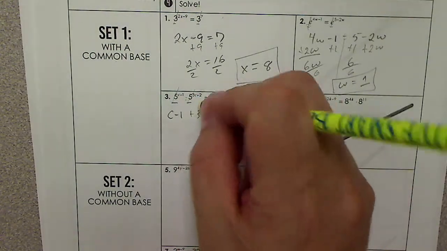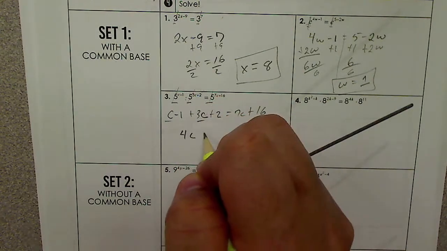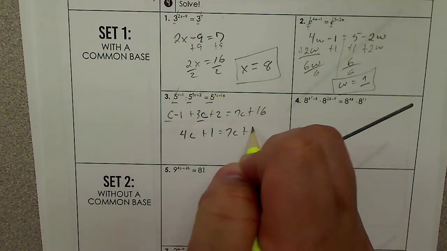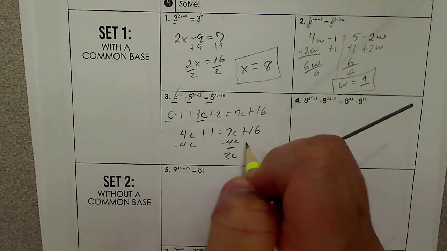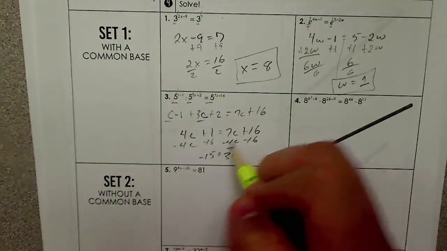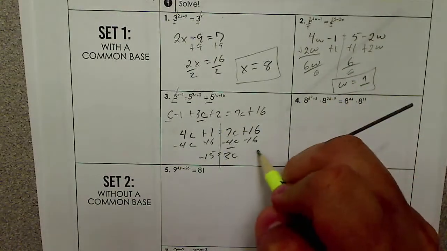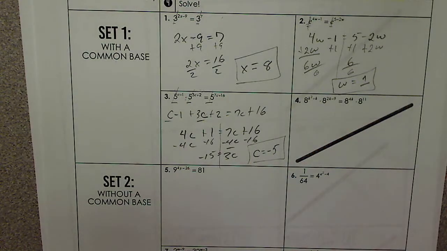Combine some like terms, this is a c, not an x. So 4c plus 1 is equal to 7c plus 16. Again, do a little bit of algebra, so that c has to be equal to negative 5.